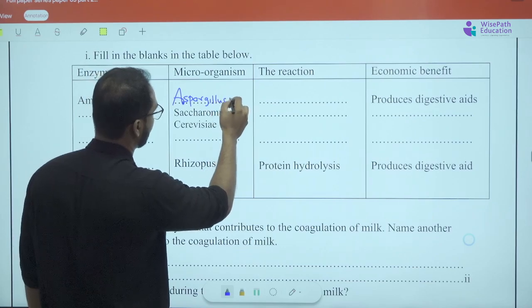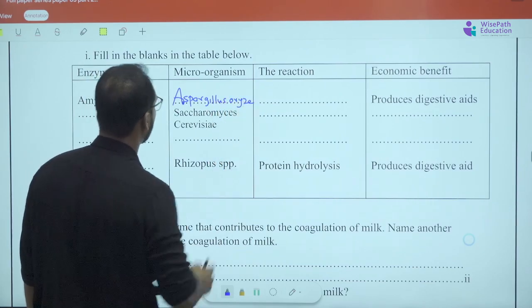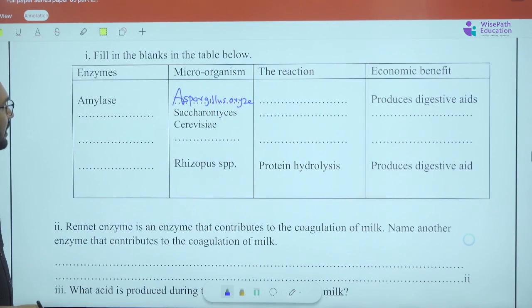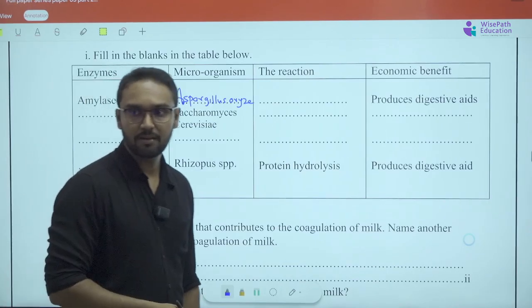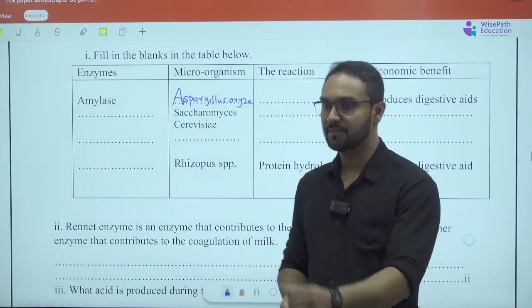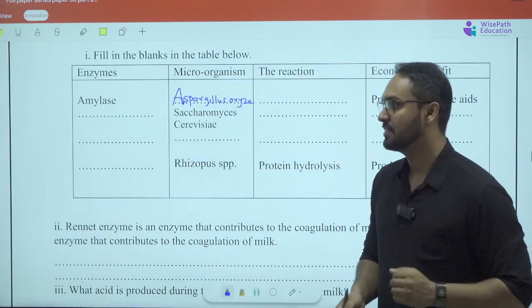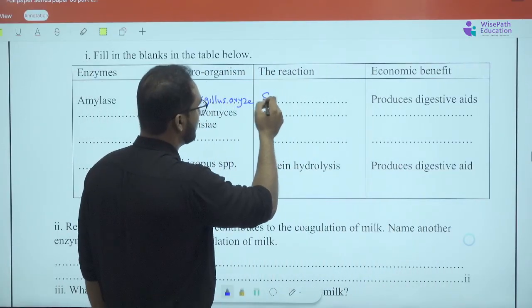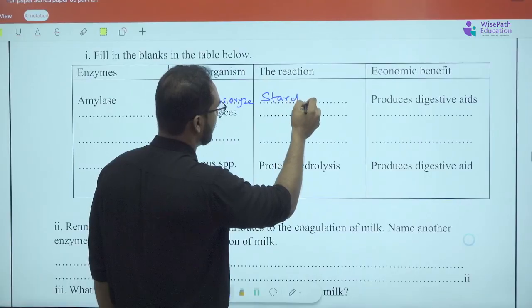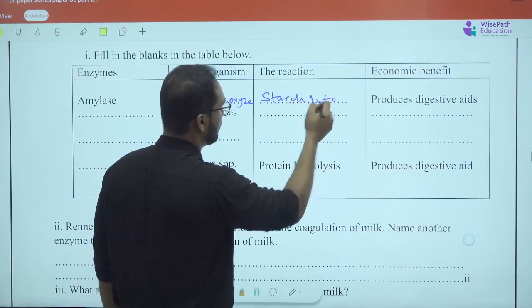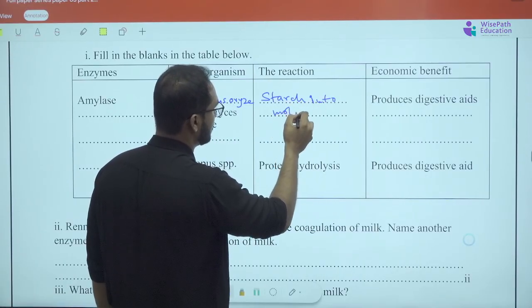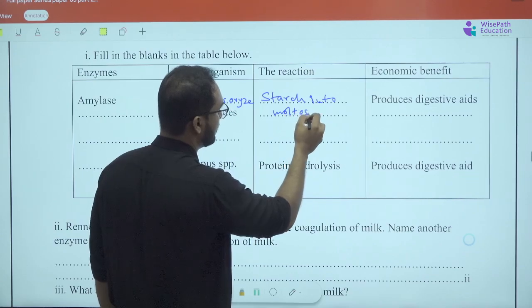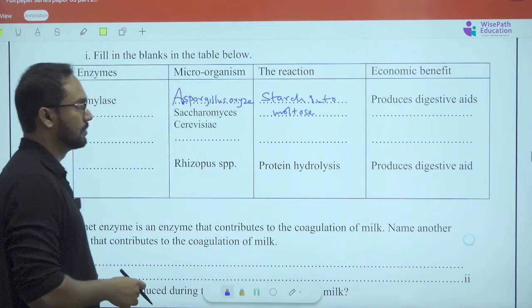Aspergillus oryzae is the microorganism, and the reaction that occurs with the amylase, it converts what into what? Amylase converts starch into maltose.